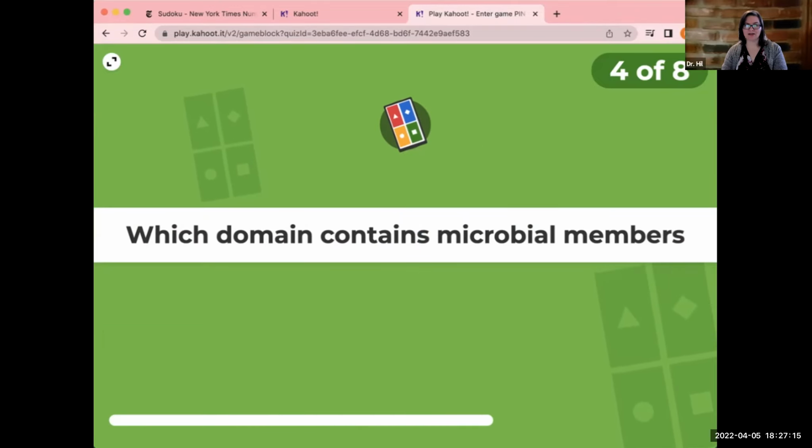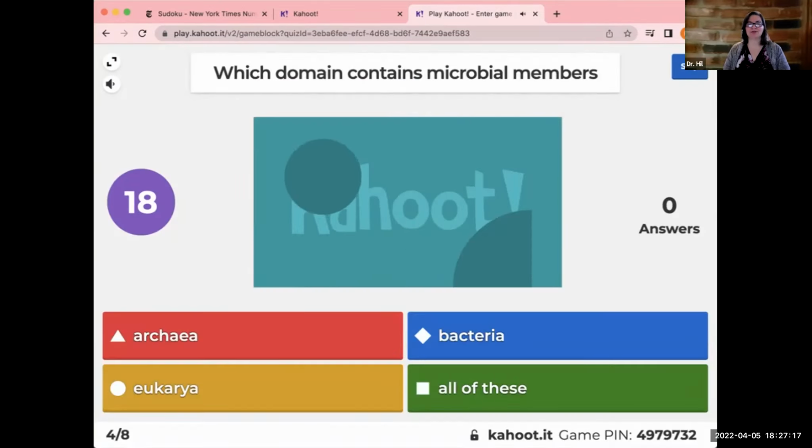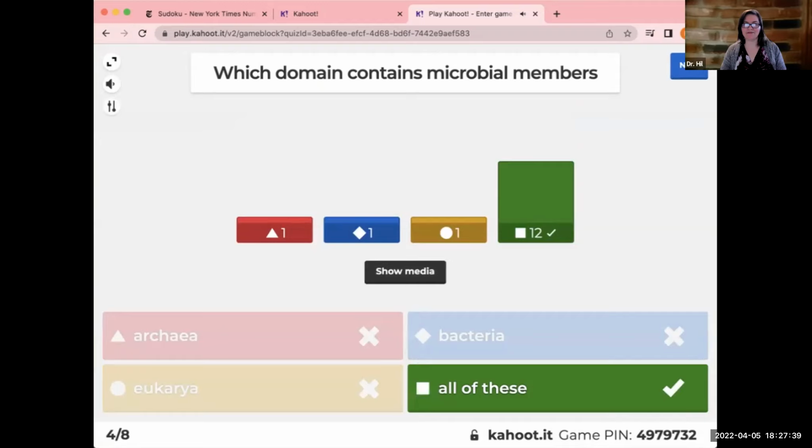Which domain contains microbial members? Indeed, the answer is all of them.